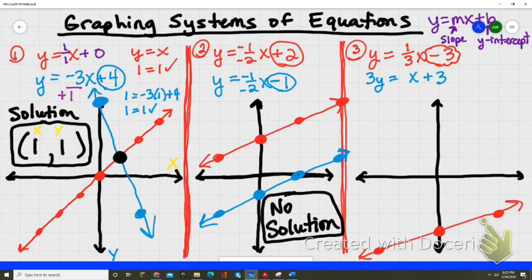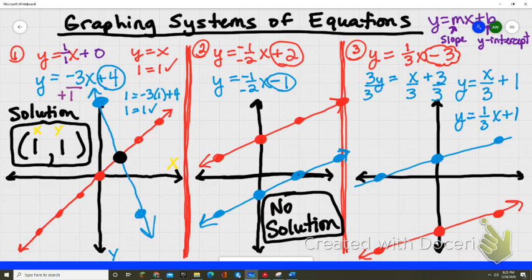The second equation is not solved for y yet, so you can't start graphing until it's solved for y. So you have to divide by 3, and you get y equals x over 3 plus 1. If you rewrite that, x over 3 is the same thing as 1/3 x. So again, if I go to graph this one, I'm going to go to 1 for my y-intercept, and I'm going to go up 1 over 3, or down 1 and left 3.